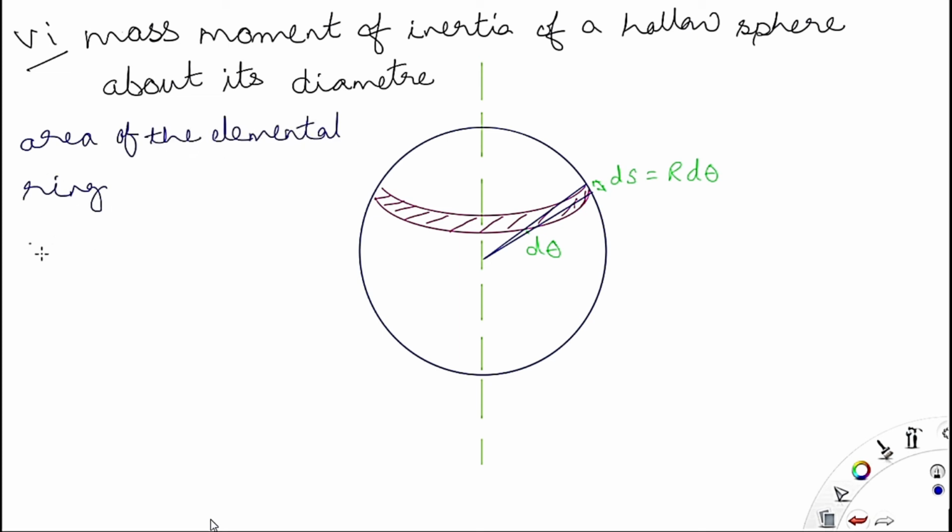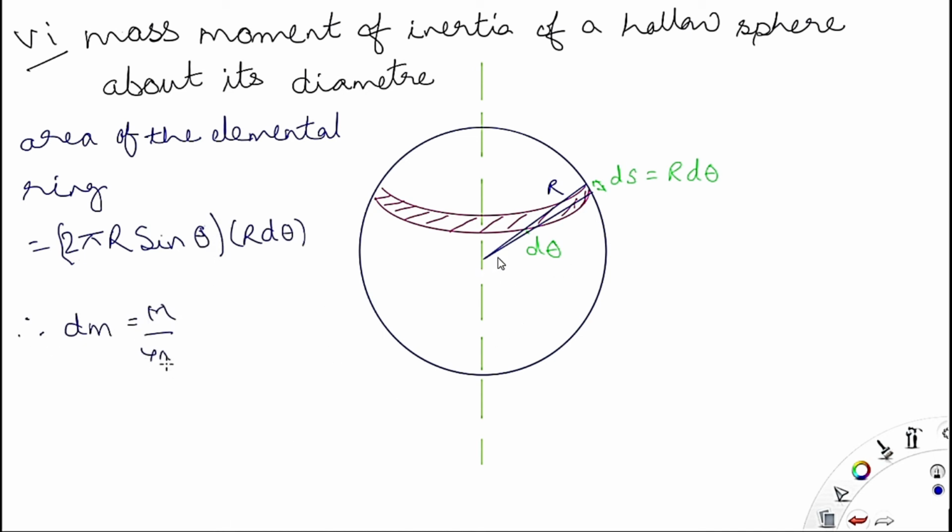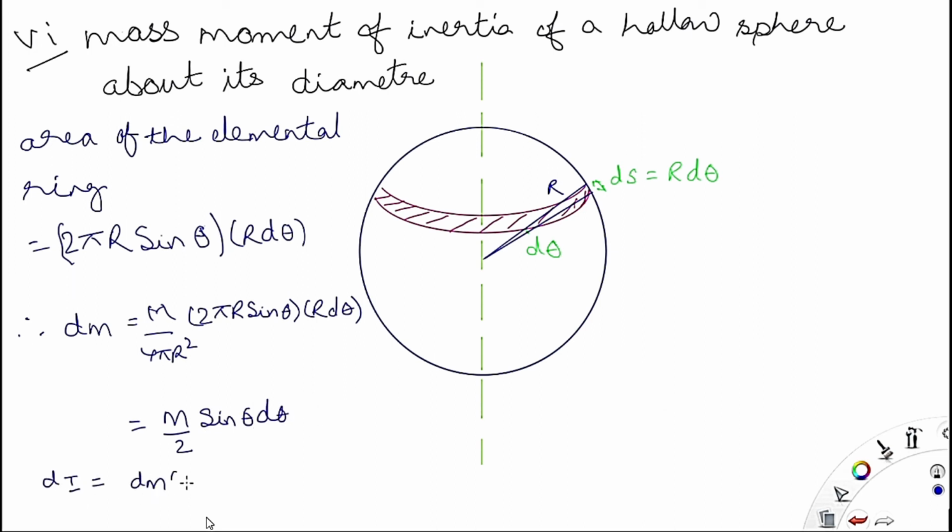Area of the elemental ring is 2 pi R sine theta, R d theta. We don't have to remember the derivation, we just have to remember the formulas only.